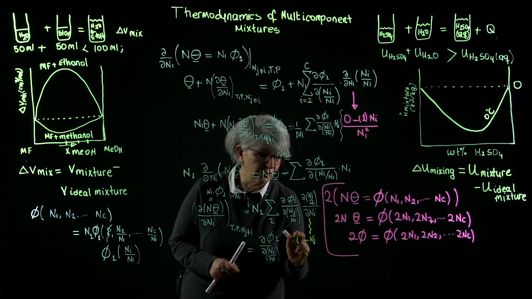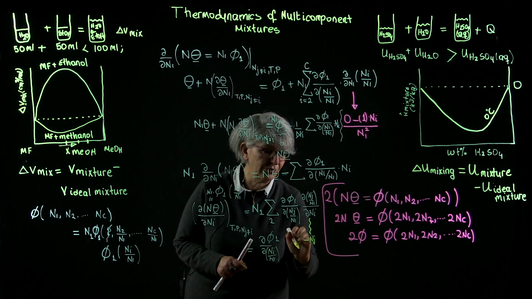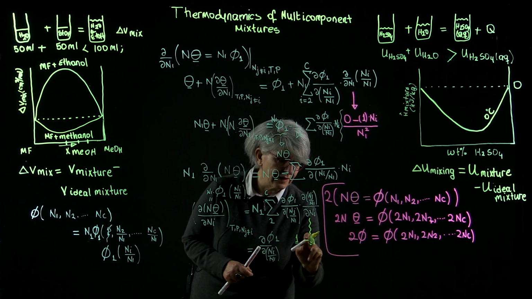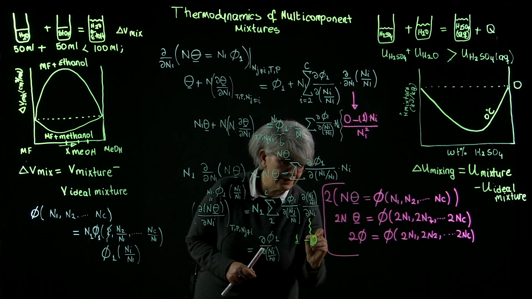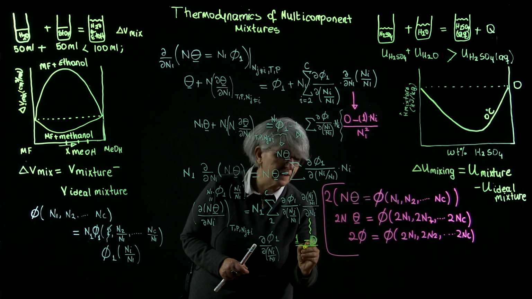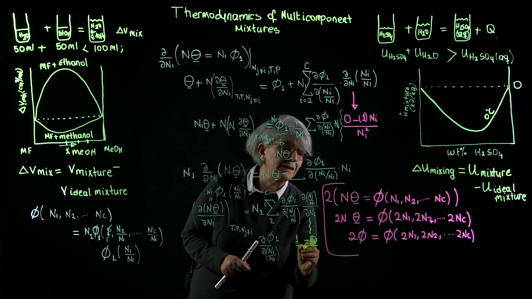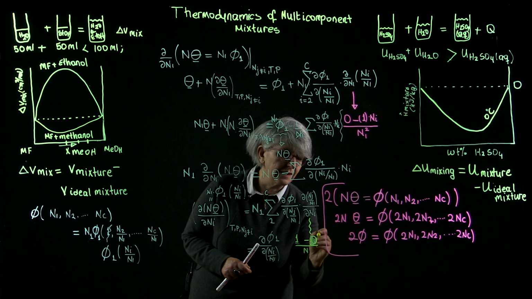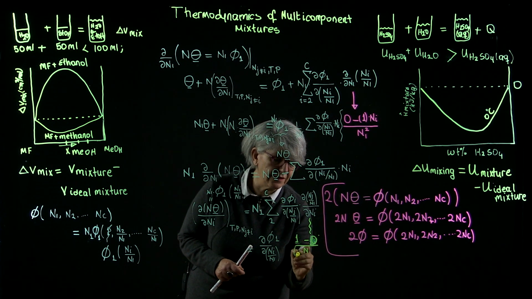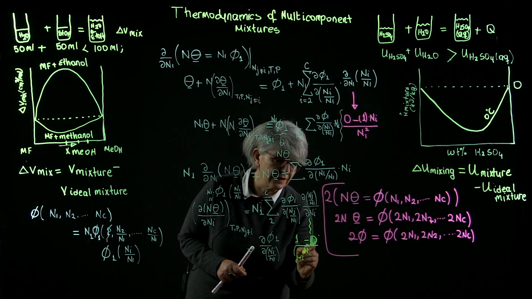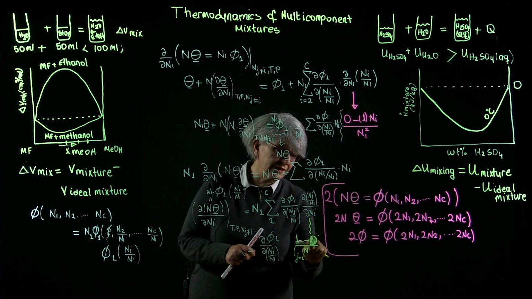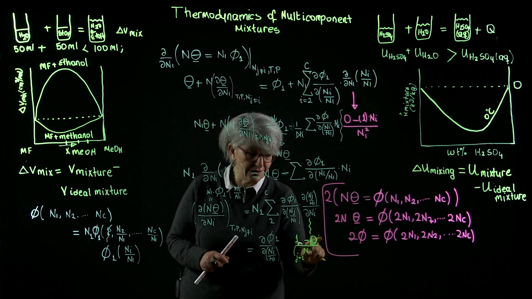Del nj over del ni is going to be 1 only if j is equal to i, and if j is not equal to i, the differentiation is going to be 0.